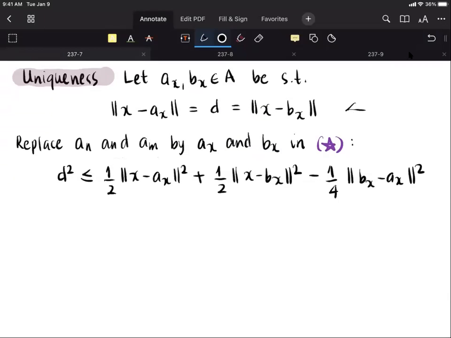Now, from these equations here, we end up with the following. So this is 1/2 d squared plus 1/2 d squared for these two, and then just copy the last term.